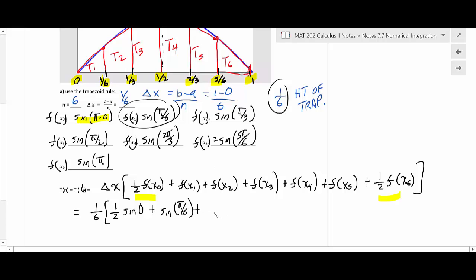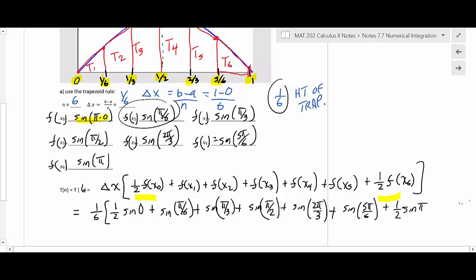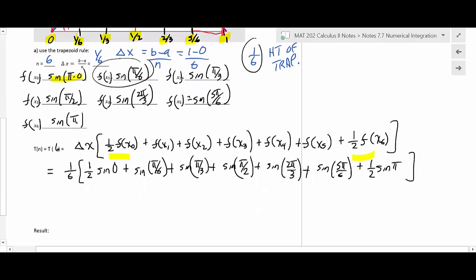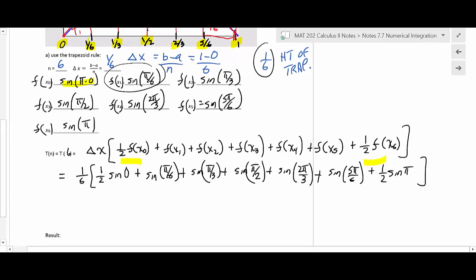Then we do sine of pi over 3, which also falls on a unit circle. And then sine of pi over 2, and then sine of 2 pi over 3. All these things fall on the unit circle, which is kind of nice. Now I've got sine of 5 pi over 6. And then you got to remember to do the half of the sine of pi like that. Okay, that's it. Everybody okay?